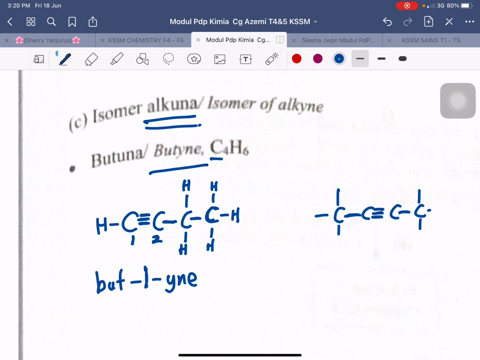Nah, so tinggal macam begini sajalah the lukisan. Okay. So what is the name for this isomer? Sama juga. It's but. Tapi sekarang dia adalah 2-yne. So but-2-yne. Like that.